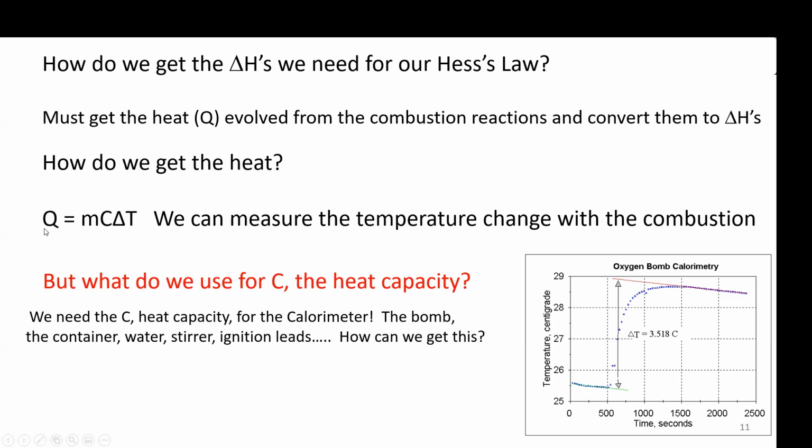And this Q is the combustion heat from the benzoic acid. We can calculate it based on the molar heat of combustion and the weight of the benzoic acid, right? And we can measure delta T.